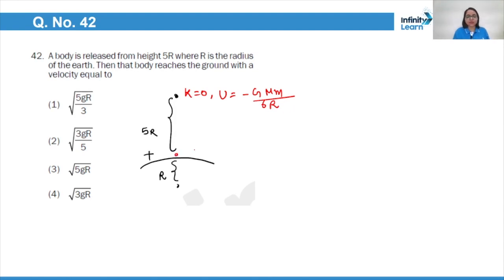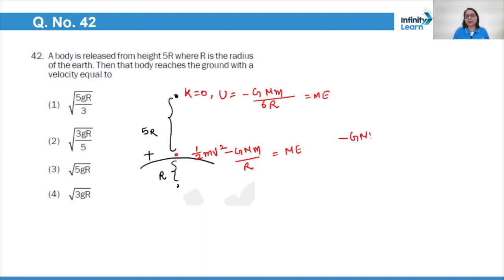When it reaches the surface of the earth, its kinetic energy will become half mv square and potential energy is minus GMm upon R. So this is the total mechanical energy and this is the total mechanical energy. So mechanical energy is conserved throughout the motion.